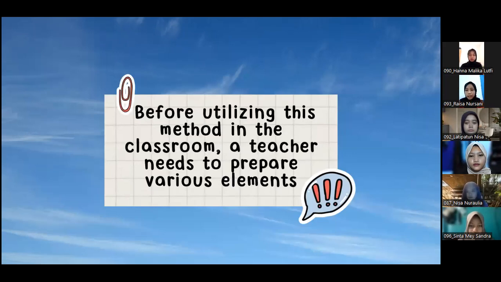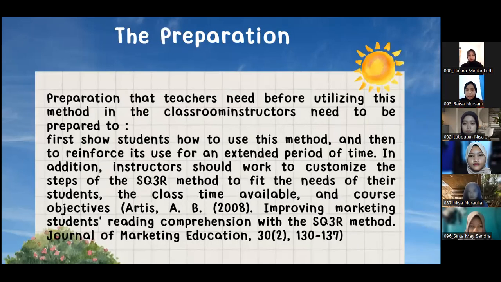Okay, before utilizing this method in the classroom, the teacher needs to prepare various elements. First, students will more effectively adopt SQ3R reading techniques with formal instruction rather than trying to learn the process on their own.